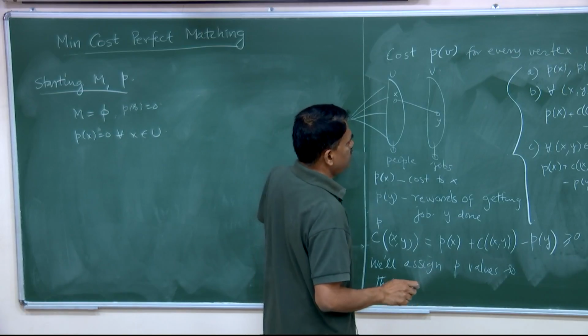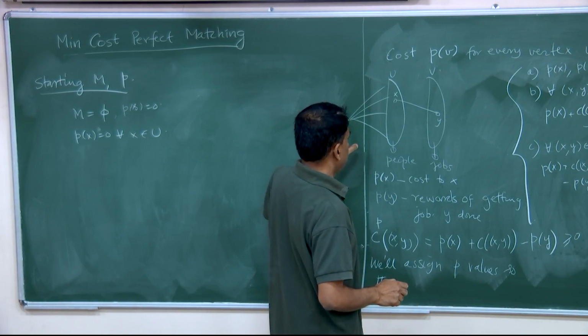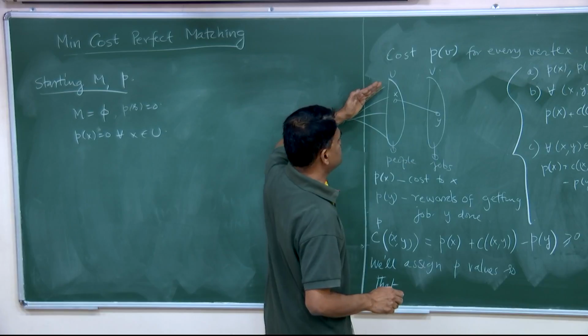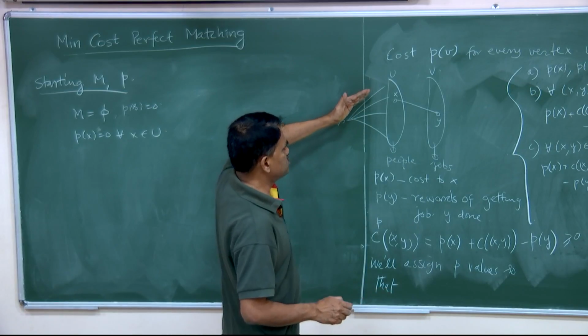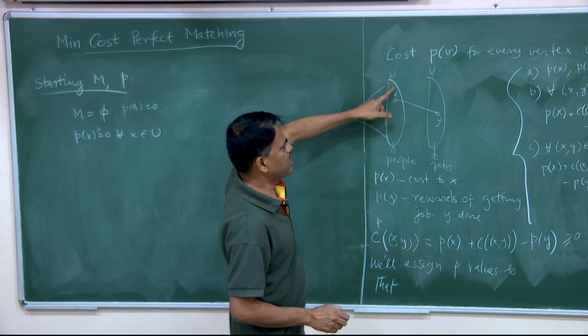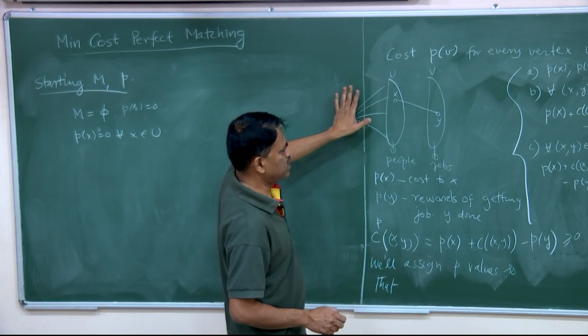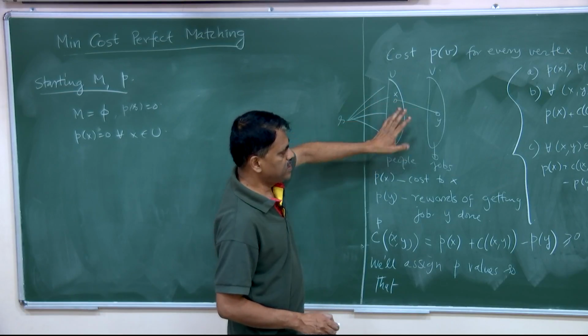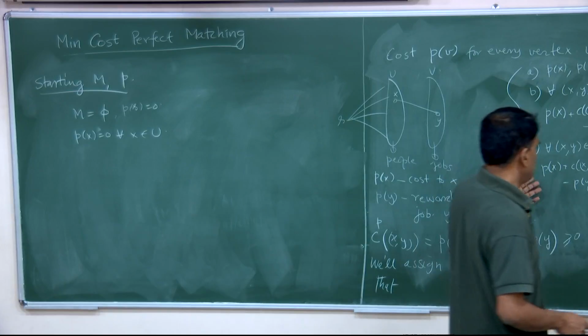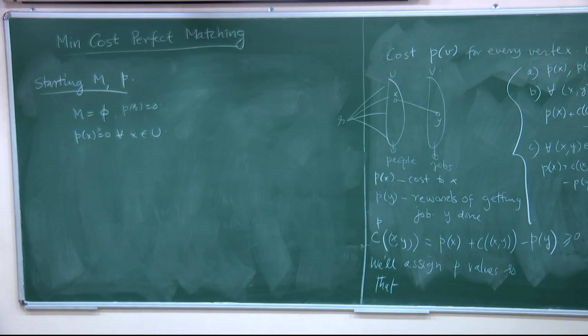So for every xy, cost of this is 0 anyway. Capacity is 1, but the cost is 0. So 0 plus 0 minus 0 is greater than or equal to 0. That's all ensured. M is empty anyway, so I don't even have to worry about this.